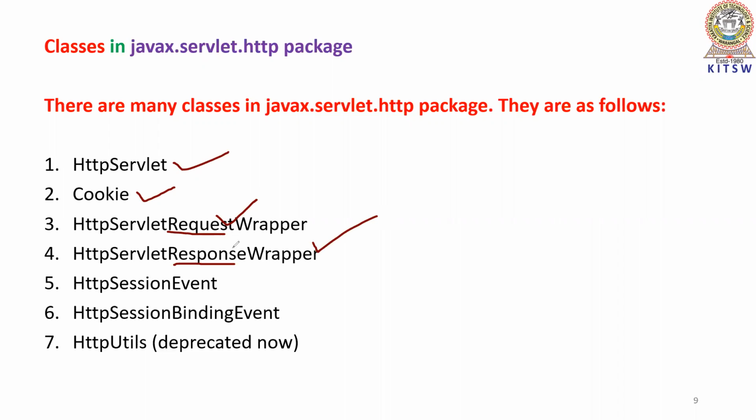The ServletRequestWrapper, ServletResponseWrapper, SessionEvent, SessionBindingEvent, and so on. So these are the various classes available in the javax.servlet.http package. Depending on our requirements and the real-time scenario for which we are going to develop servlets, we may use the classes present in this package.